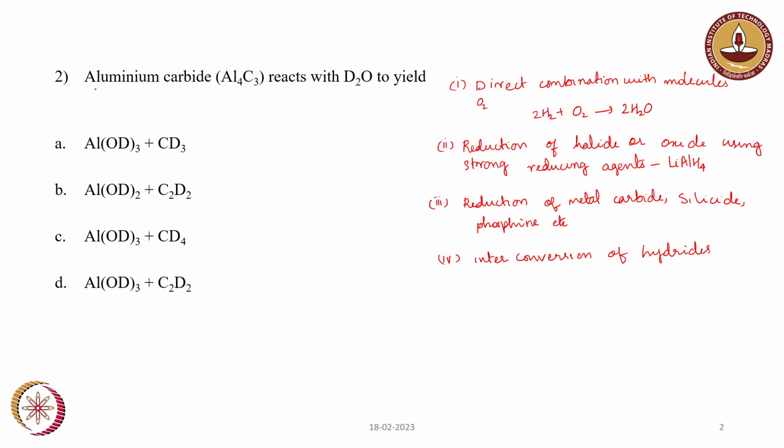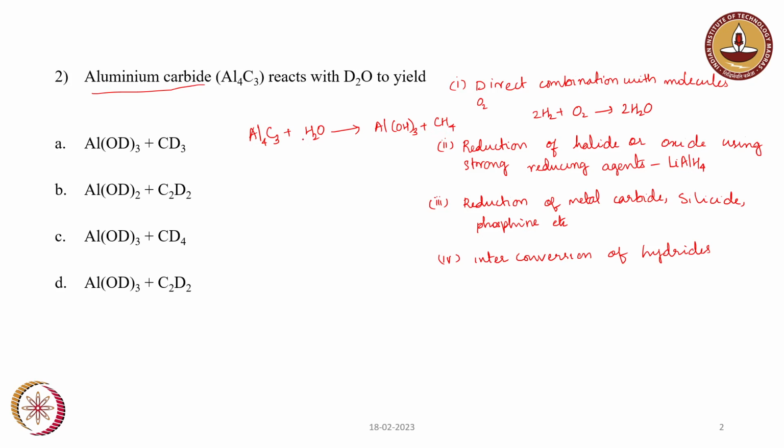So we are given aluminum carbide. So in these 4 cases, it's the third one, reduction of metal carbide, that is aluminum carbide. So we can write it in the form of water, that's Al4C3 plus H2O will give aluminum hydroxide plus CH4.